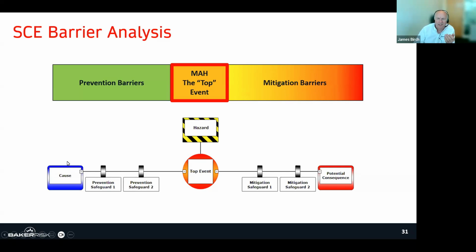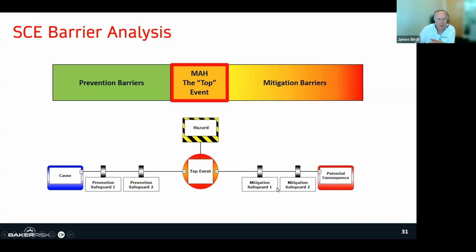On the left-hand side in blue, we can consider what might cause that. And then along the timeline, we can put prevention safeguards in. We can put barriers in place. These are going to be some of our SCEs. But also, we want to have mitigation measures after that event has happened.